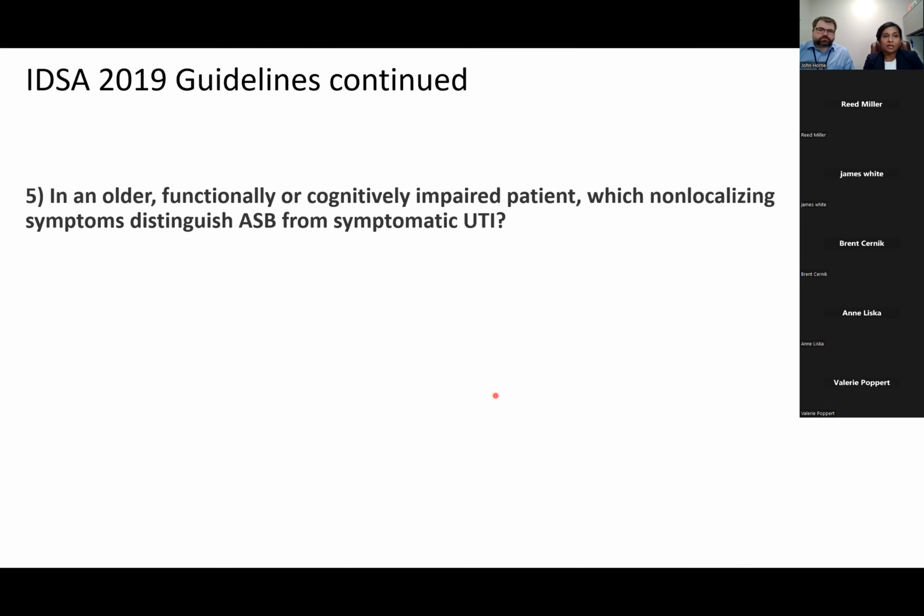So fifth recommendation: in older functionally or cognitively impaired patients, which non-localizing symptoms distinguish asymptomatic bacteriuria from symptomatic UTI?